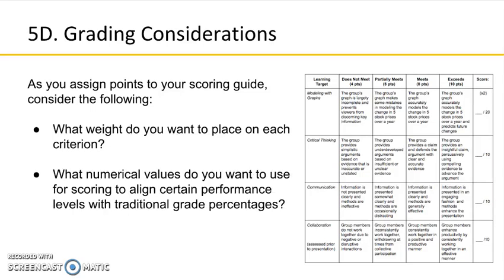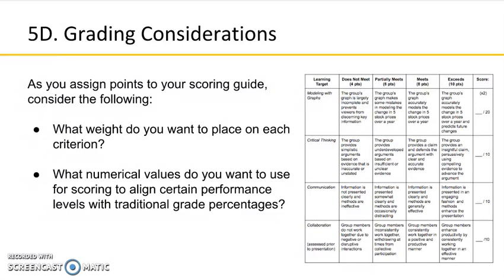Another question you might ask yourself is, what numerical values do you want to use for scoring to align certain performance levels with traditional grade percentages? So what you'll notice when you look at my example is I did not just go 1, 2, 3, 4. I could have, but if I had done that, partially meets would mean that students would be getting a 50% for this task, and does not meet would mean students would be getting a 25%. And for me, that didn't necessarily jive with what my grading philosophy is.